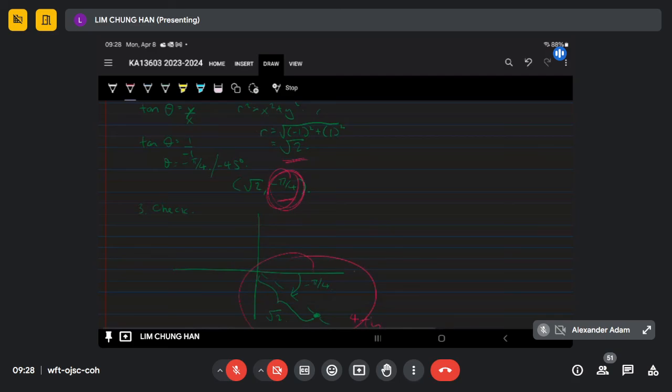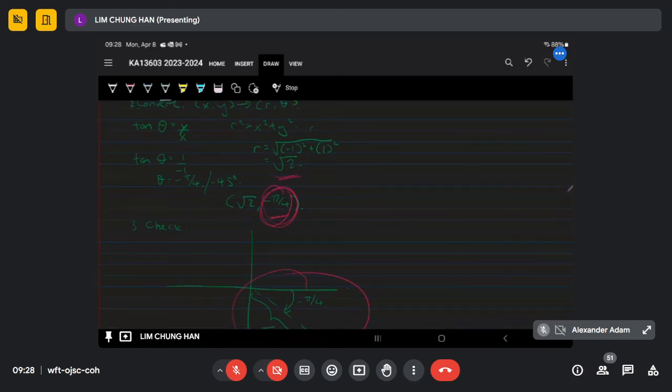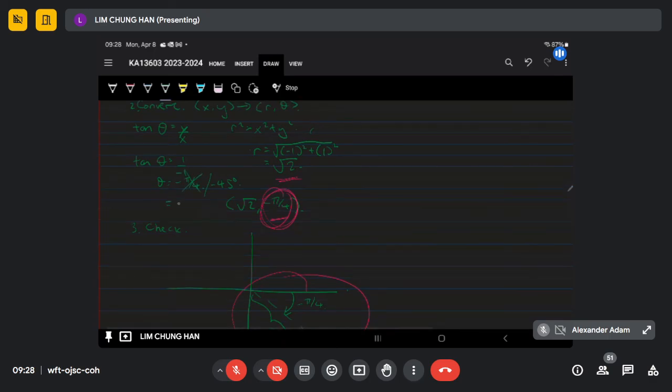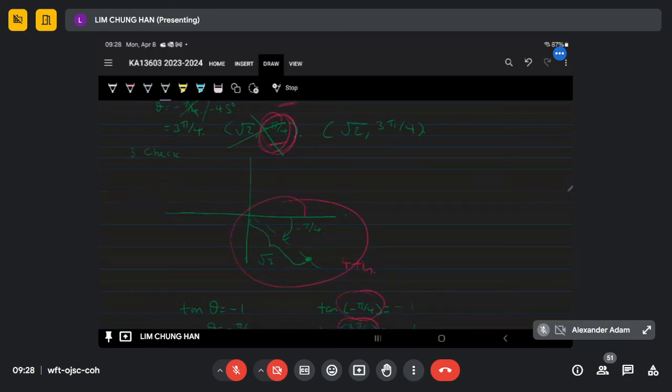let's go back to step 2. So step 2, I don't want the pi over 4 answer. I want the 3 pi over 4 answer. So now I'm saying my answer is this. Then where are you going to plot the point? 3 pi over 4 is there.